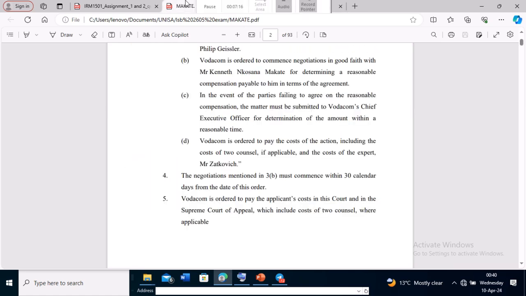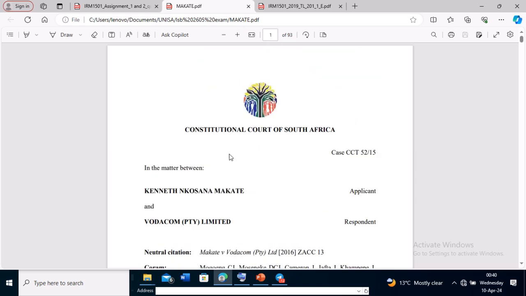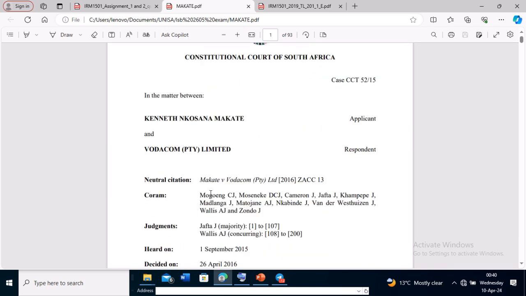Okay? Looking at this case, it is Makate versus Vodacom. But this Makate versus Vodacom, one of the legal representatives, I'm talking about the advocate or attorney representing the defendant, or the plaintiff or applicant, those legal representatives could use certain sources.